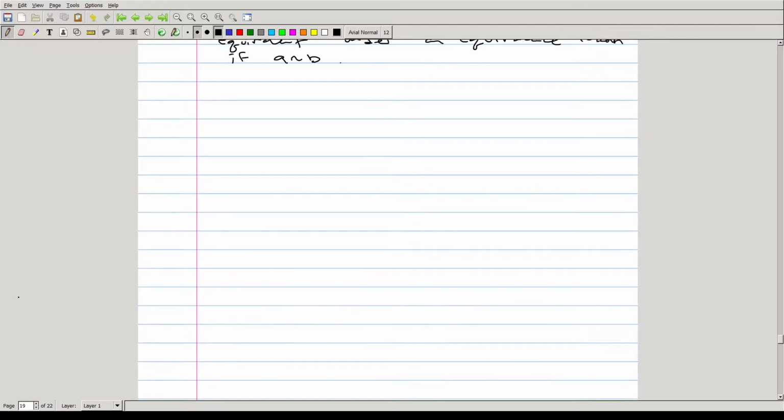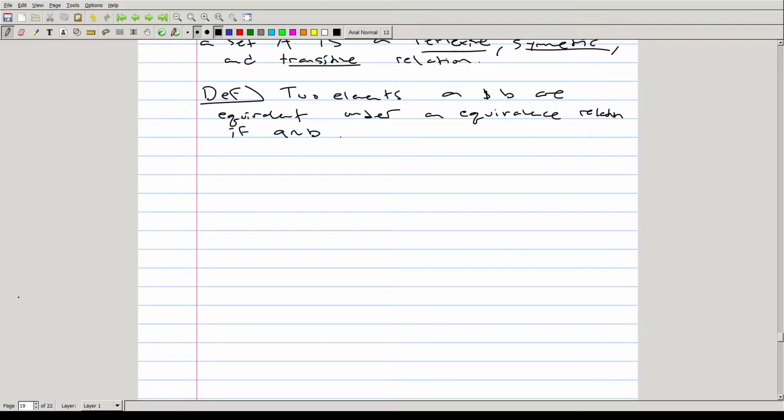And one of the important things to note here is that an equivalence relation, in some sense, partitions a given set A into all of the subsets of elements that are equivalent to one another.